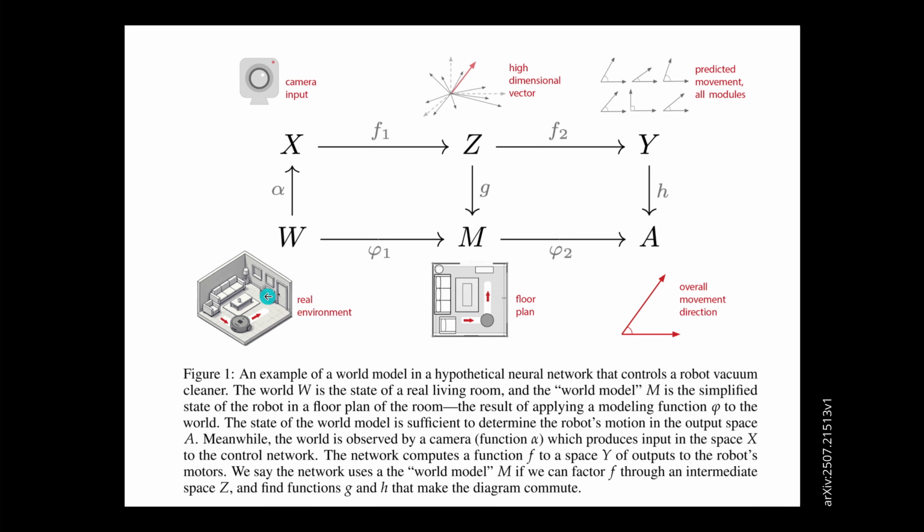They say, okay, we map the real environment into a particular reduced complexity model that we call M. M is now the world model in this simplified state of the robot. And what the robot needs is more or less just a two-dimensional floor plan of the room. If you assume that the robot can pass under all the things, you don't need the third dimension. A two-dimensional floor plan is just great.